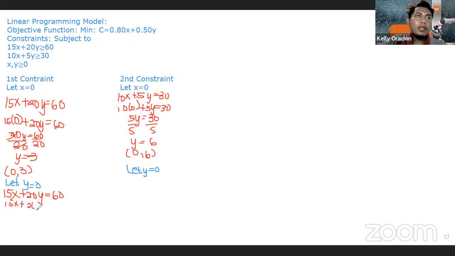So 20 times 0 is 0, and 15x is equal to 60. Divide both sides by 15. x is 4. So we have an ordered pair of 4, 0.